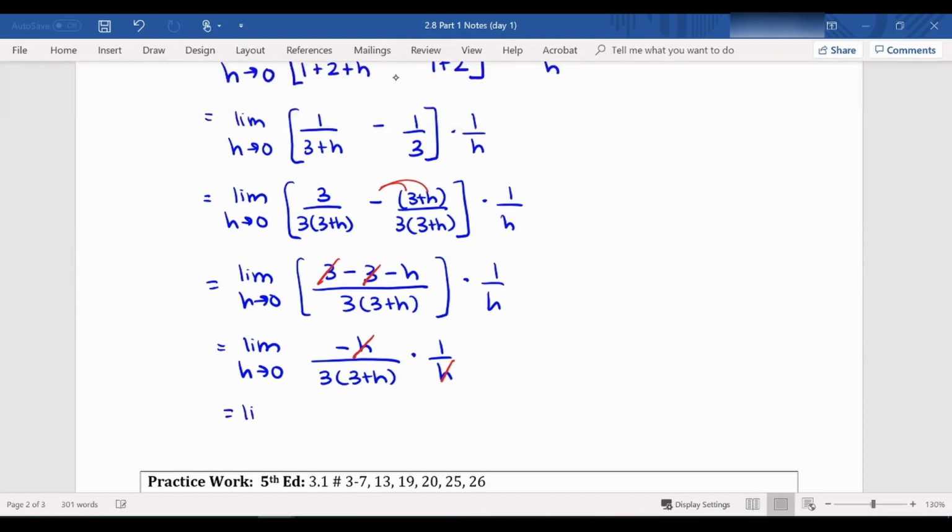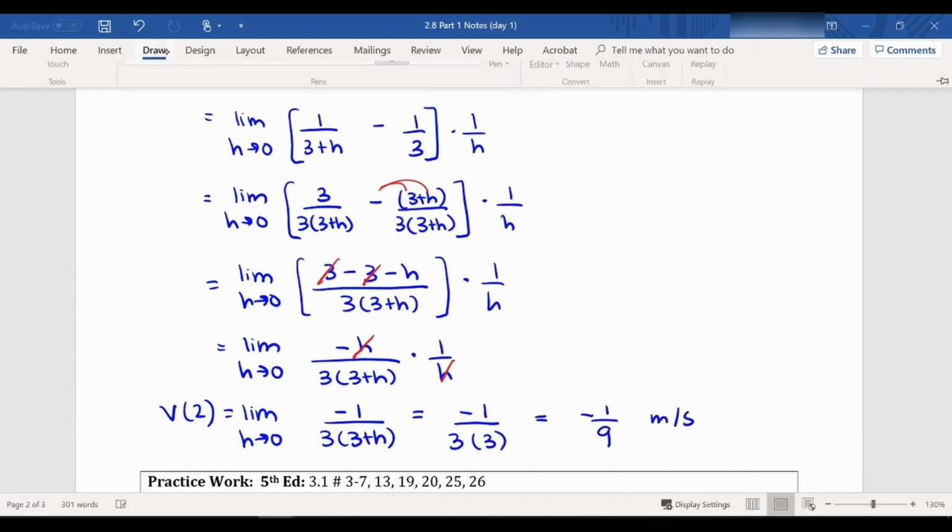And we end up with the limit as h approaches 0 of negative 1 all over 3 times 3 plus h. And remember, this is our velocity at time 2. I can then plug h is 0 in and get negative 1 over 3 times 3, which gives us negative 1 over 9 meters per second.